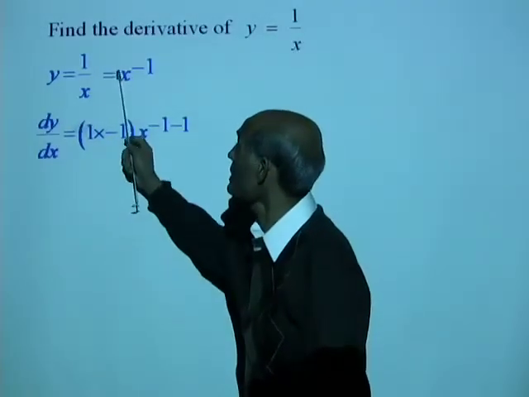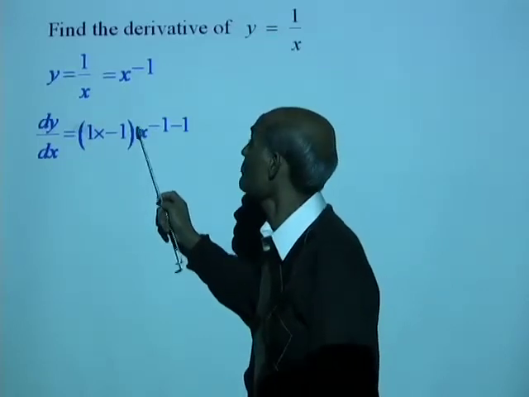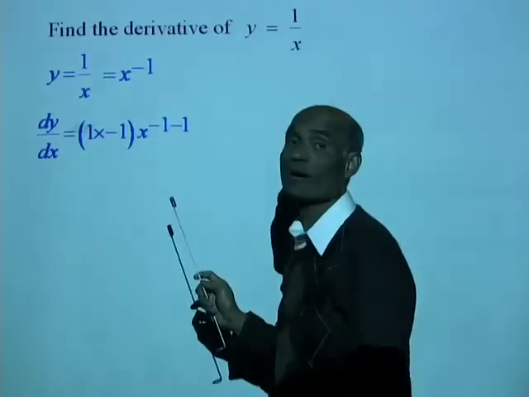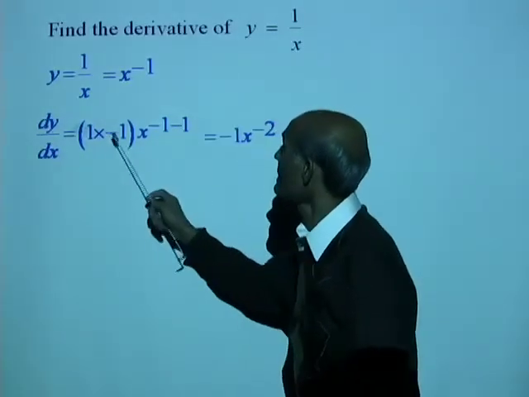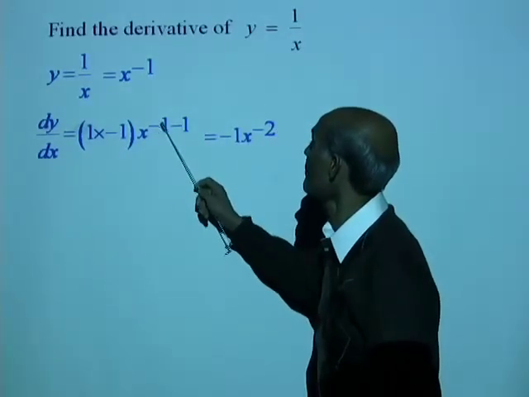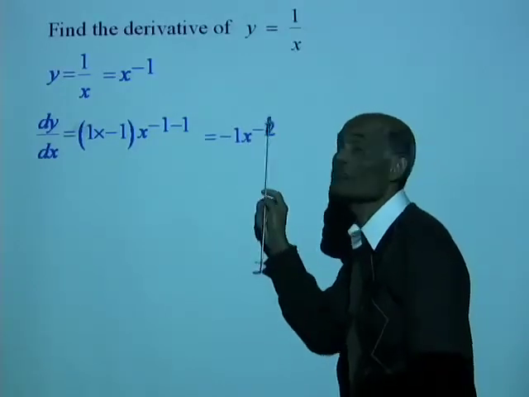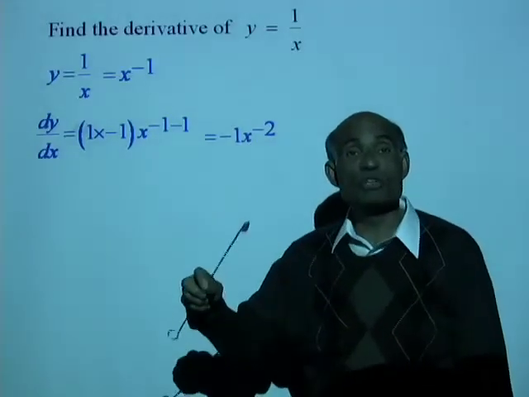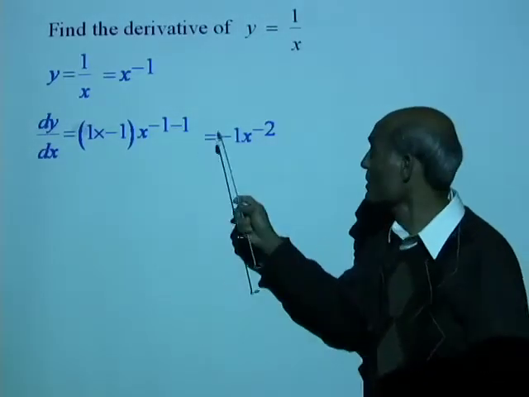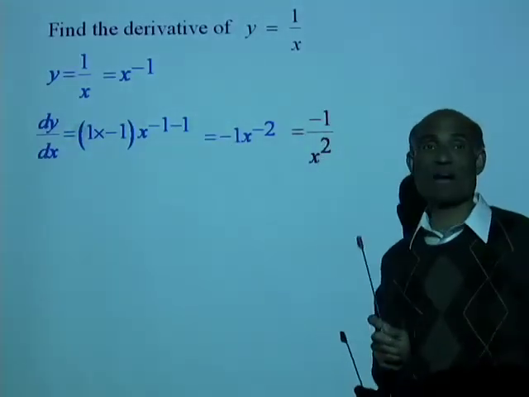dy by dx is a times n, 1 times negative 1, times x to the power of n minus 1, negative 1 minus 1. That will be negative 1 times x to the power of negative 2. And now we write this x to the power of negative 2 using a positive power as 1 over x to the power of 2. So that will be negative 1 divided by x to the power of 2.